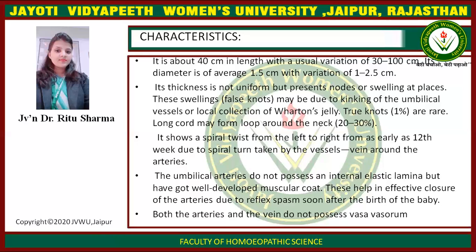It shows a spiral twist from left to right from as early as 12 weeks due to the spiral turn taken by the vessels. The umbilical arteries do not possess an internal elastic lamina but have a well developed muscular coat.